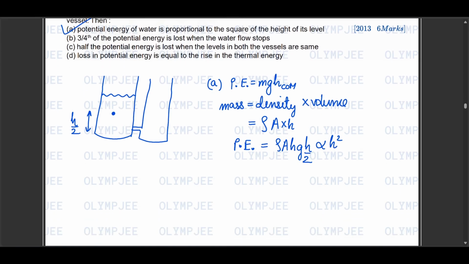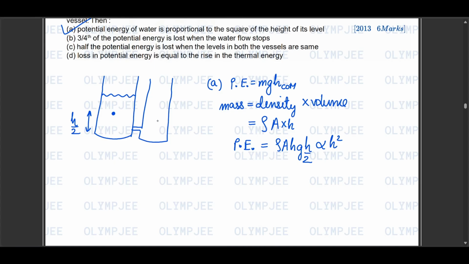Okay, so moving on to the B part, it says that 3/4 of the potential energy is lost when the water flow stops. Okay, so let us see what will happen when the water starts flowing into this empty container. Water will flow until both the containers have the same height of water, right? It is a very common experiment that the height of water in both the containers becomes the same.